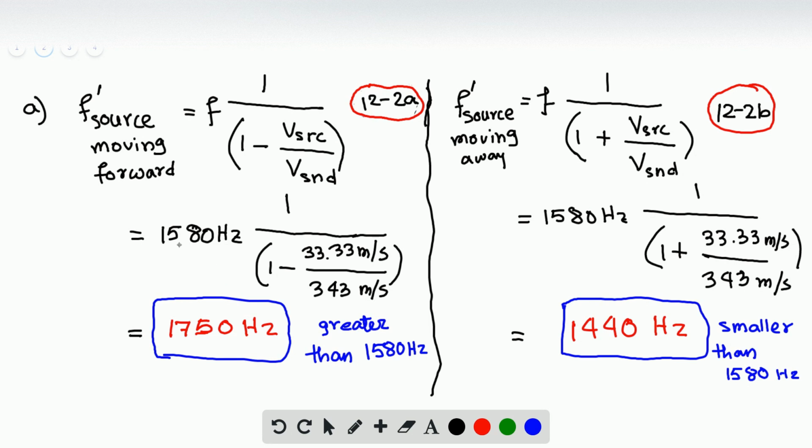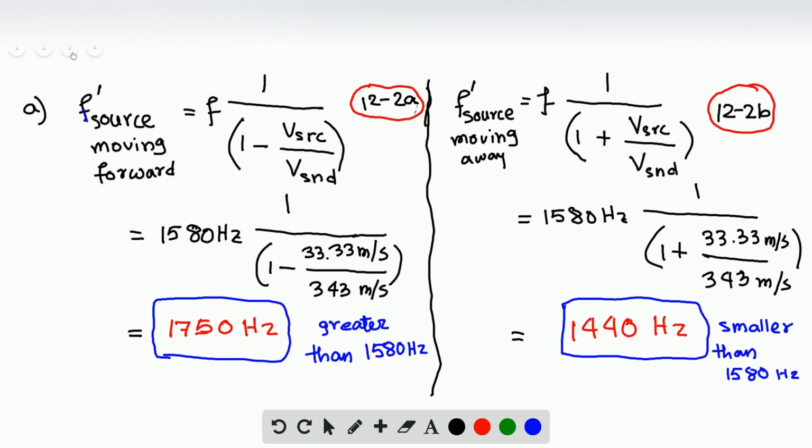If we put all the numbers here and do the calculation, we see that's happening: we get 1750 hertz, which is greater than 1580. When it's moving away, we are adding this number, so the denominator becomes greater than 1, which makes that fraction less than 1. If we multiply f by a number lesser than 1, we get a lower frequency, and that's one way to verify.